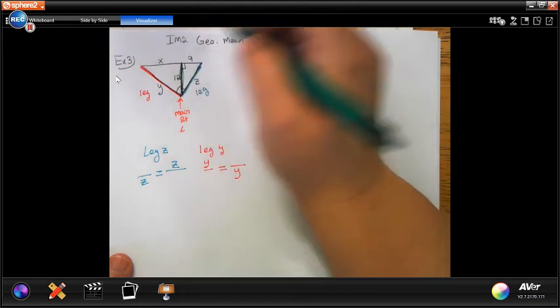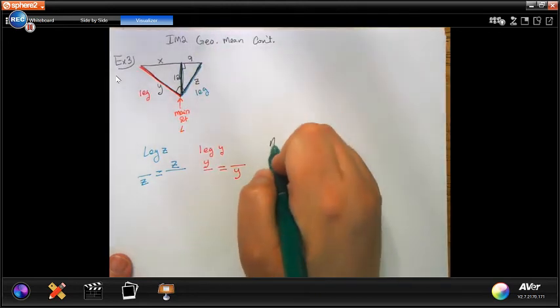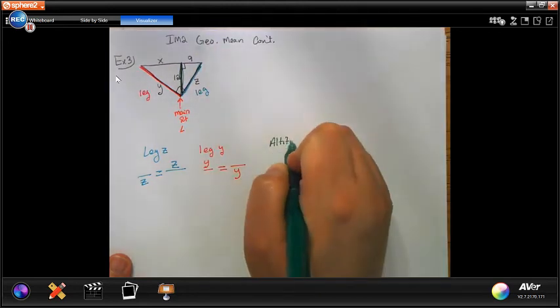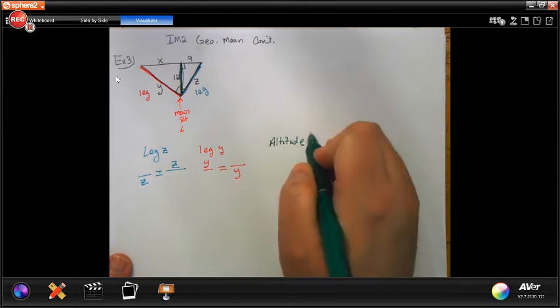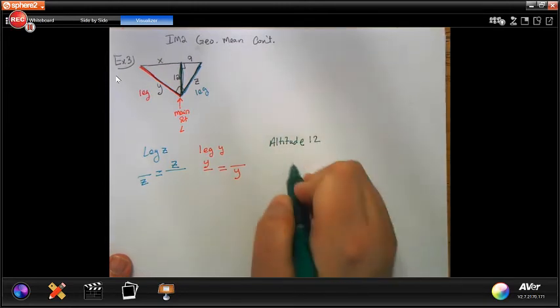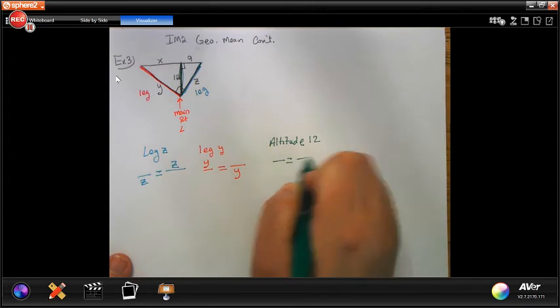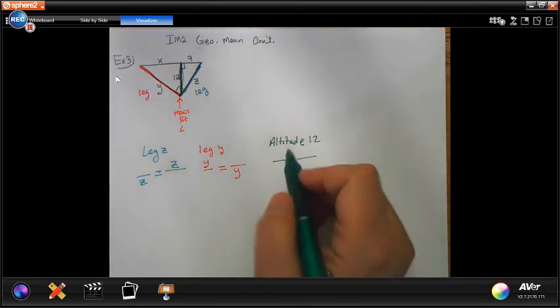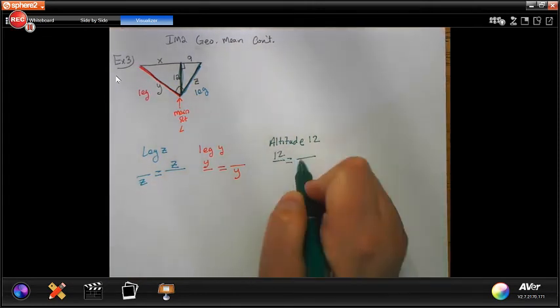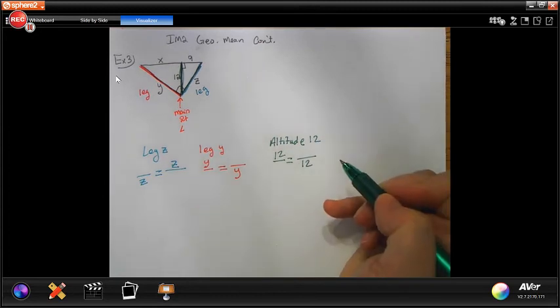That's my altitude. It is 12. Since my altitude is 12, 12 is what goes in the 2 spots.